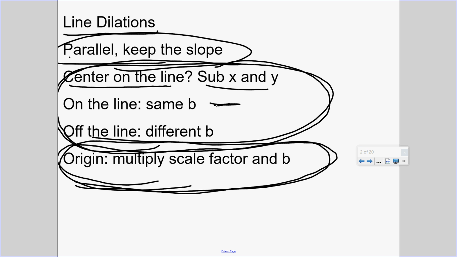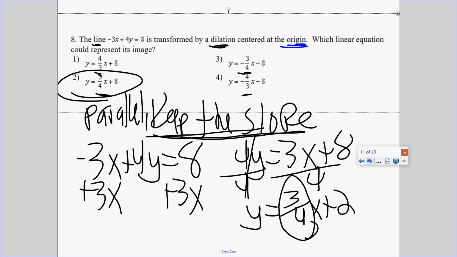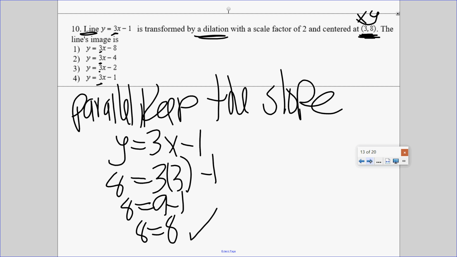If it's on the line, it's the same b. I just showed it's on the line since the equation equals out. So, same b, -1, -1, choice 4. If the center of dilation is on the line, the equation is the same. The image is the same line as the original.